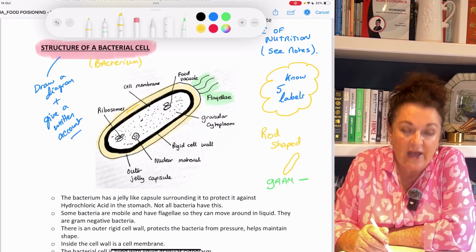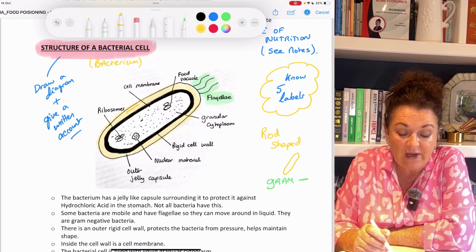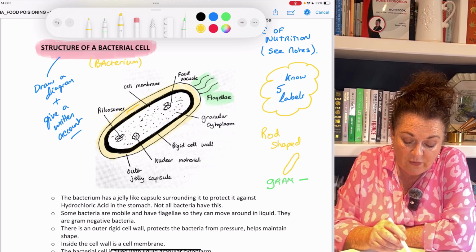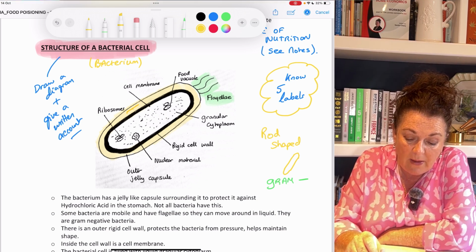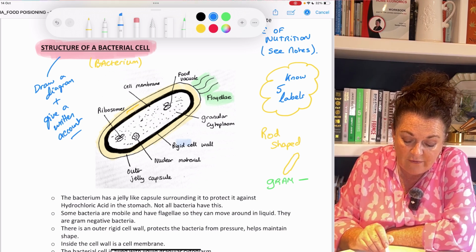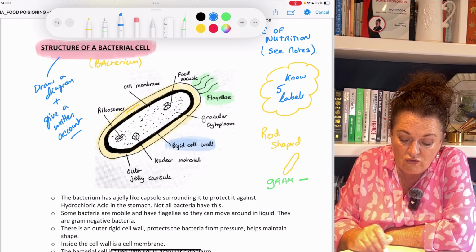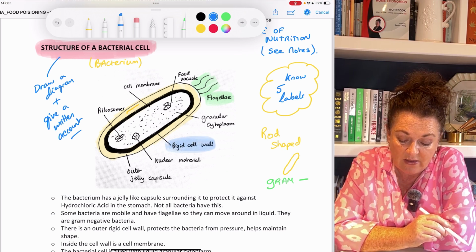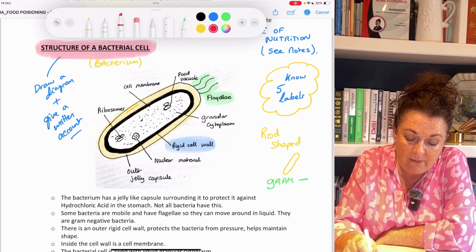Then we have fluid filling the center of the cell called cytoplasm. But before that, if we look at the dark black that we have here, this is the rigid cell wall. And just inside the rigid cell wall, we have a cell membrane.